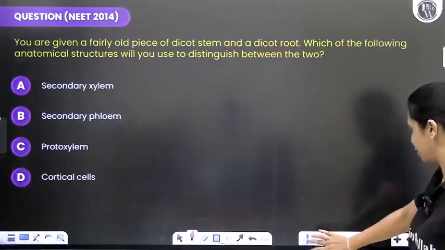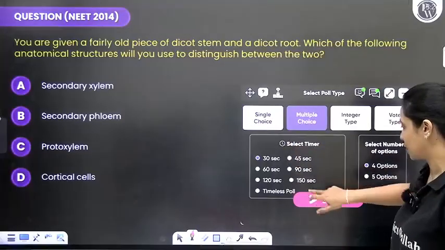This is an interesting question from NEET 2014. Let's see if you can answer this.